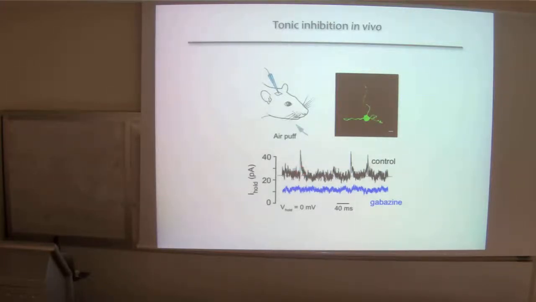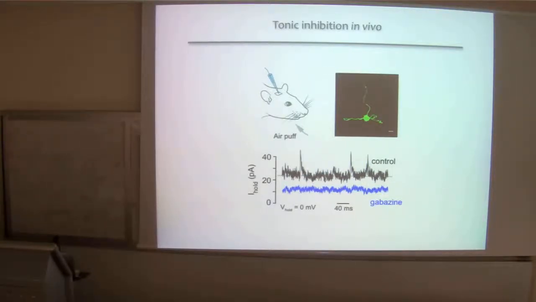Obviously, you're going to block these fast phasic IPSCs, but also what you see is a shift in the holding current, which is indicative of blocking the standing tonic inhibitory conductance. So this is a good indication that we do indeed, also in vivo, as you predict, have tonic inhibition in granule cells.